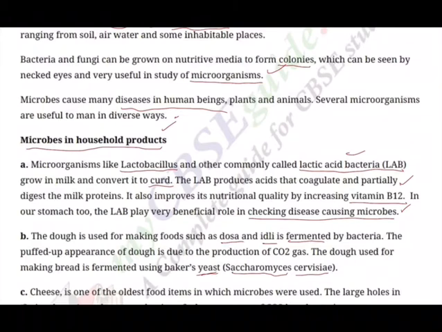The dough used for making foods such as dosa and idli is fermented by bacteria. You must have seen the puffed up appearance of dough, the volume of the dough increasing overnight. Your mummy will be preparing the dough one day before, suppose tomorrow morning she wants to prepare idli, dosa as breakfast. Tonight only she prepares, and the dough size will be, let's say, around 1 liter.